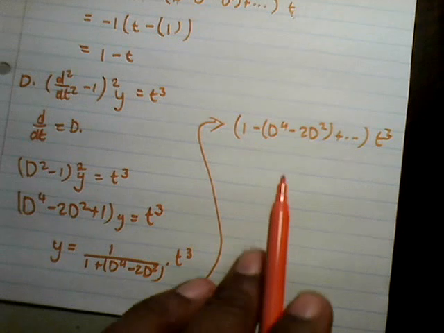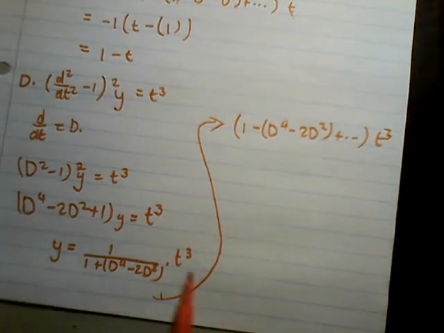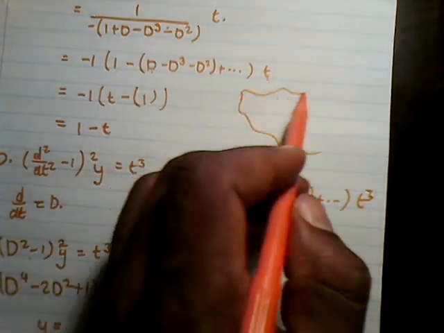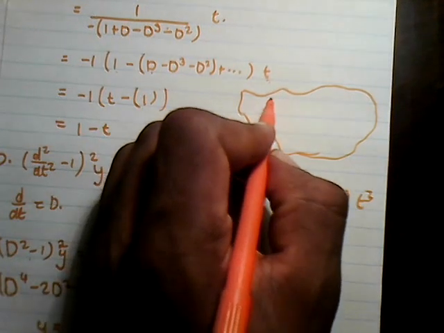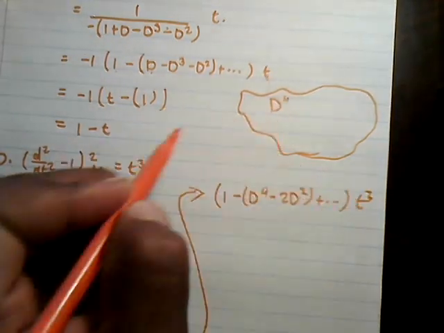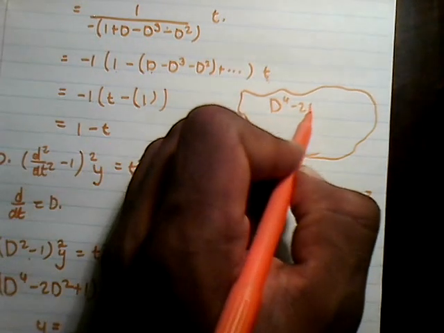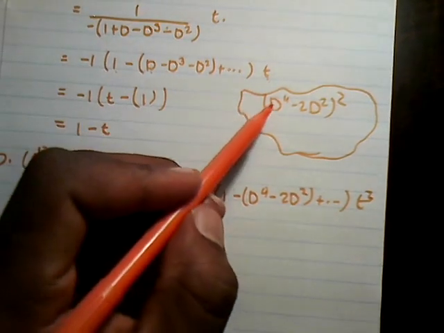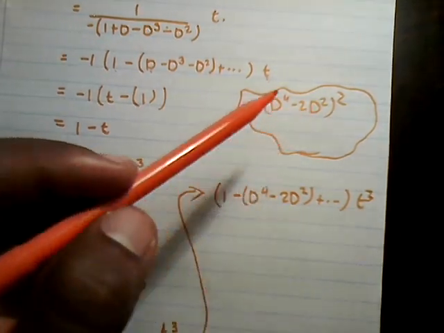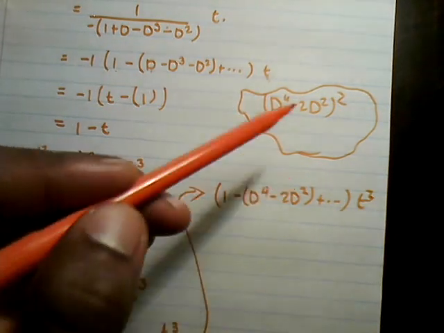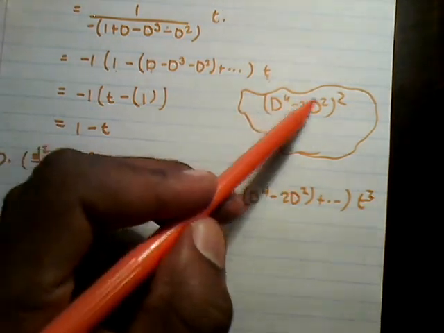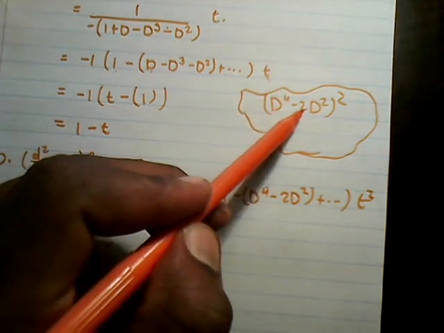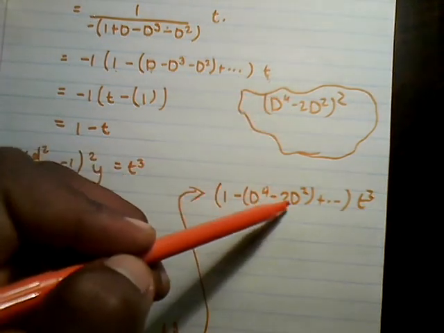Note that I stopped here because if I continue, I'm going to have something like D to the 4 minus 2D squared, all squared. So you can see that the highest powers are going to be 8, 6 and 4, which all give us 0. All of the derivatives here are going to give us 0, so I'm stopping right at this one.